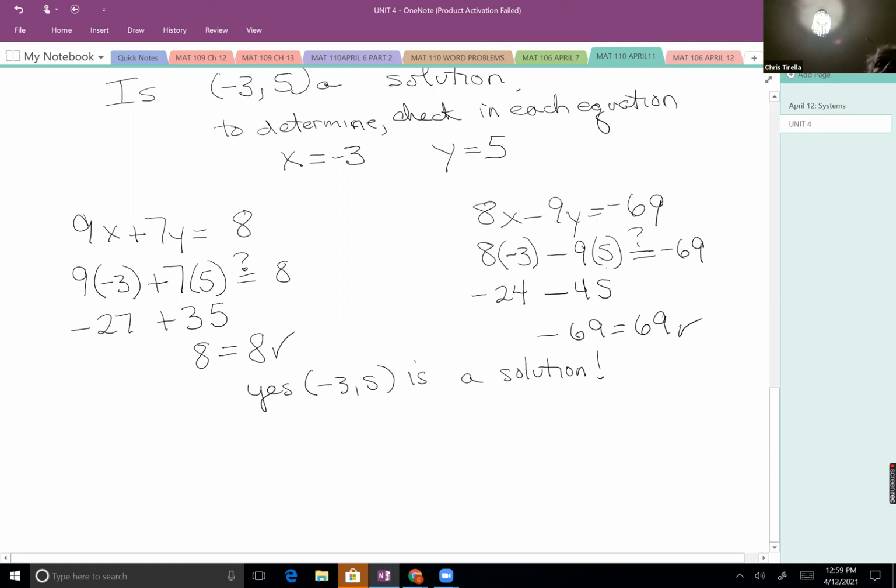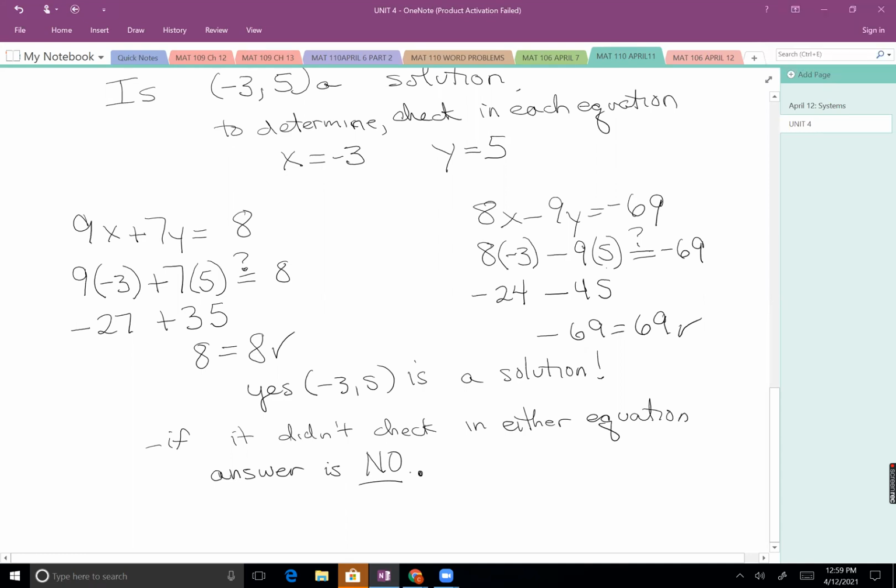If it doesn't work in either equation, then the answer would be no. If it didn't check in either equation, the answer is no. If it satisfies one equation, would it still be true? No. It has to work for both. If it doesn't work in any equation, the answer is no.